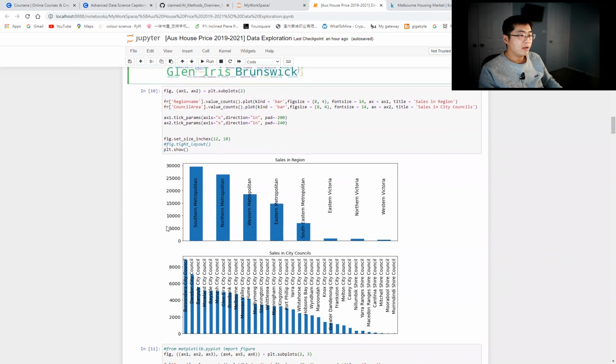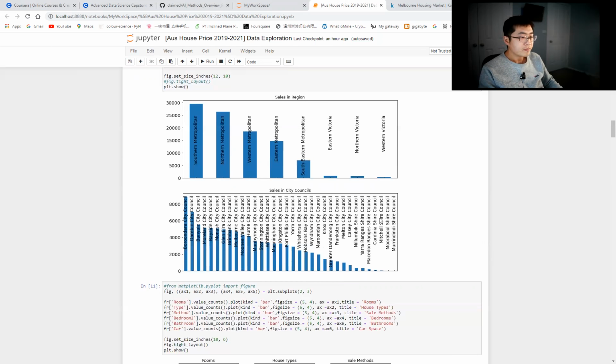And we have the sales by number in different regions. Metropolitan, which means where the train routes are covered, and further rural areas in Victoria have much fewer sales, which just means the density of property is not as high as in the city area.